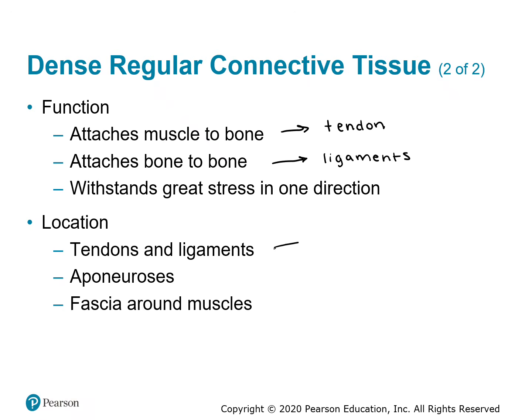Great. Fascia around muscles is just a little kind of tension around your muscles. Your muscles kind of go like this, and there are sheets and sheets and sheets that will eventually form onto the bone. This is the tendon. The tendon is made from the fascia around that muscle.